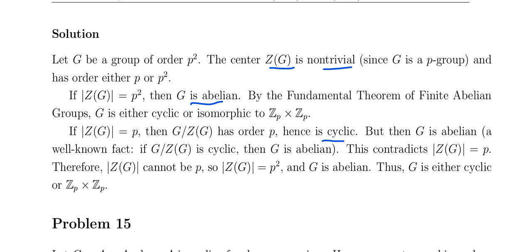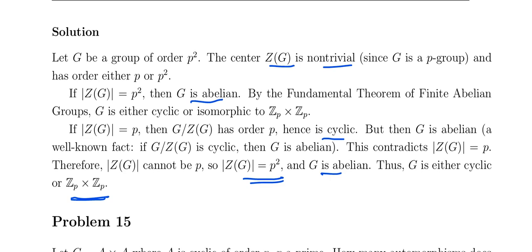That contradicts the order of Z(G) being p. Therefore the order of Z(G) cannot be p, so the order of Z(G) should be p squared and G is abelian. So G is either cyclic or Z_p cross Z_p.